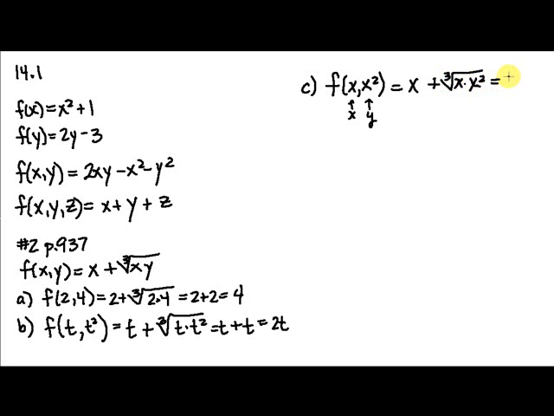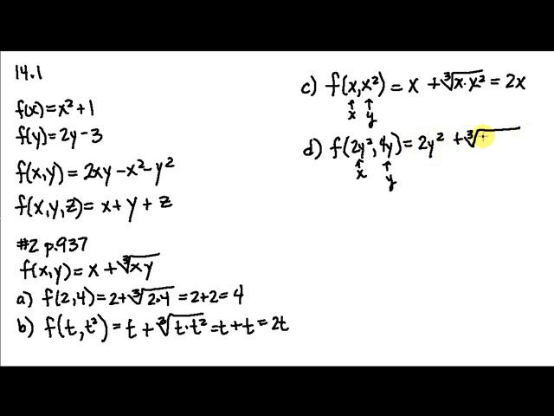All right, let's try one more. Part D. What if we had f of 2y squared comma 4y? Well, in that case, again, this we're plugging in for x, and this we're plugging in for y. So we're going to have, instead of x plus the cubed root of xy, we're going to have 2y squared, where we had the x, plus the cubed root of 2y squared times 4y instead of y.